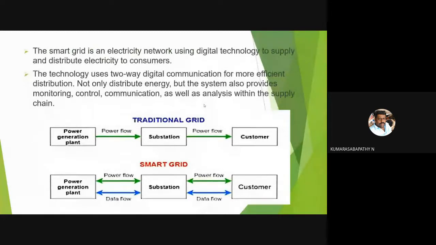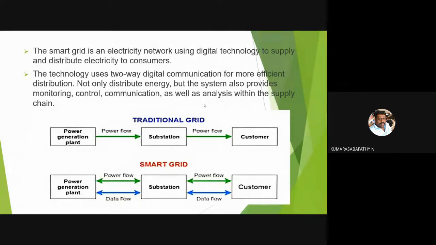The smart grid is an electricity network using digital technology to supply and distribute electricity to consumers. Previously, in an ordinary grid, we were only using electrical equipments, and somewhere we used minimal electronic devices.